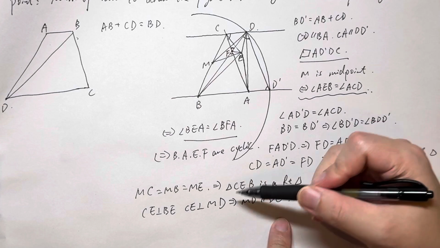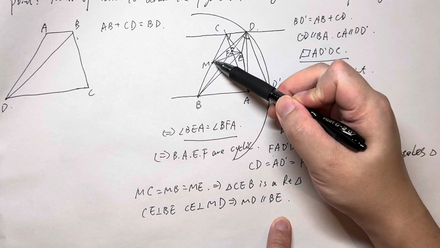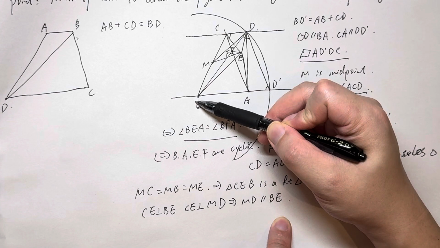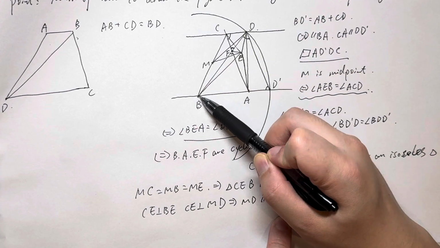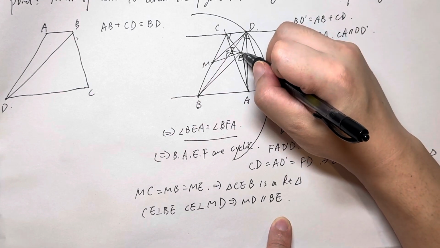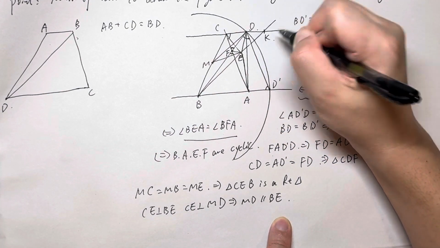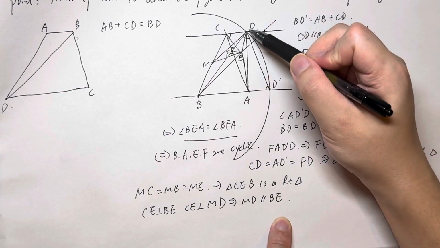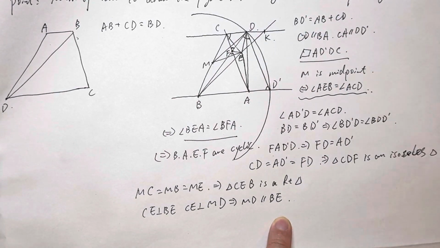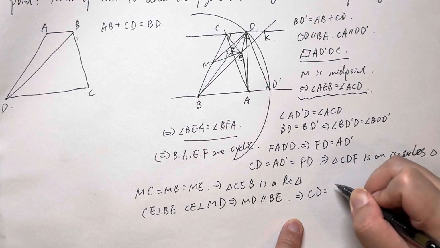This reminds us of another auxiliary line. Because M is the midpoint of CB, and MD is parallel to BE, if we extend BE to meet the extension of CD at another point K, then D must be the midpoint of CK, right? So CD equals DK.